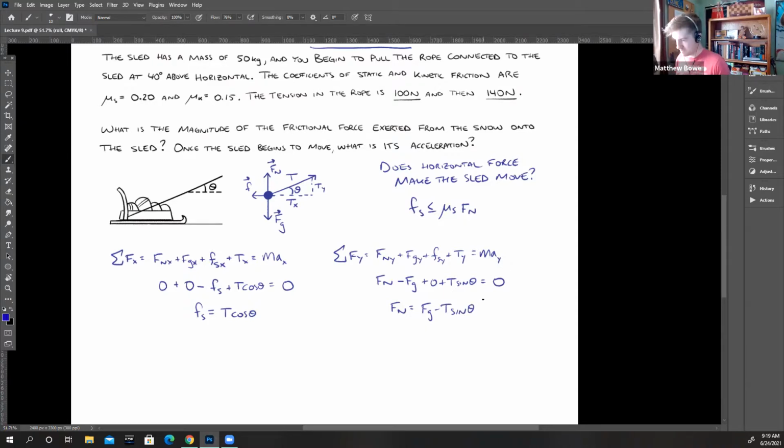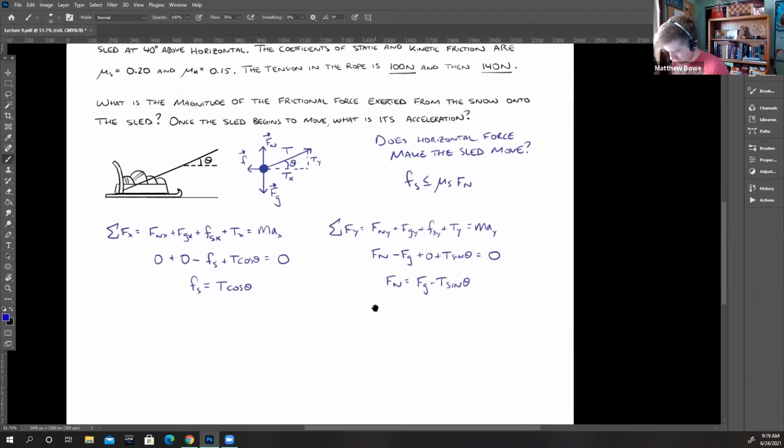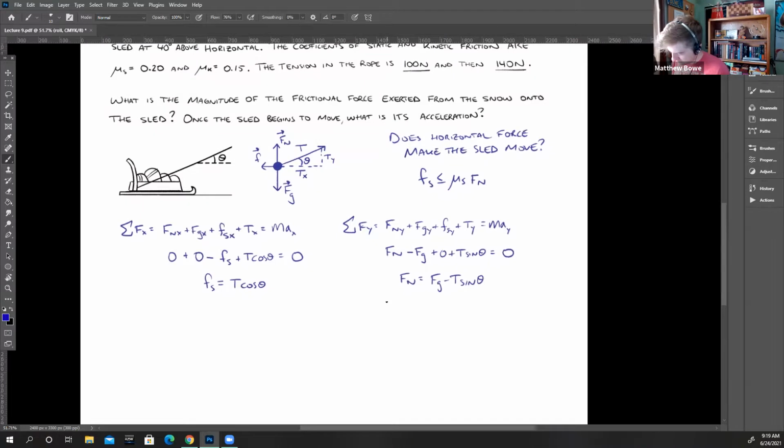All right, so now here's the point where we need to input some forces and see if the thing starts moving. So I'm going to go like this. And the first force that we are exerting on the sled is 100 newtons. See up here.